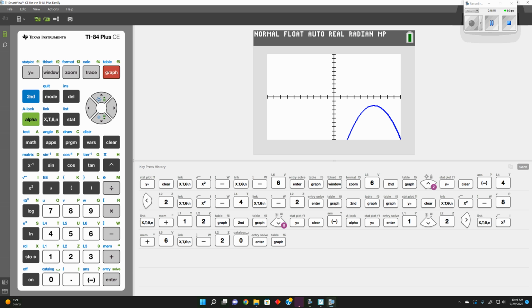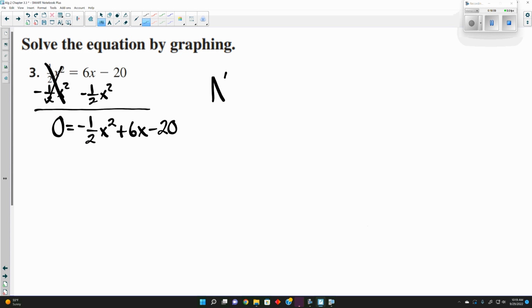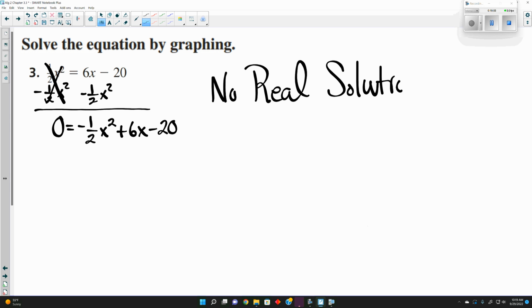So for this one here, we have no real solution. There is a solution to it, but it's not real, and we will get to those eventually.